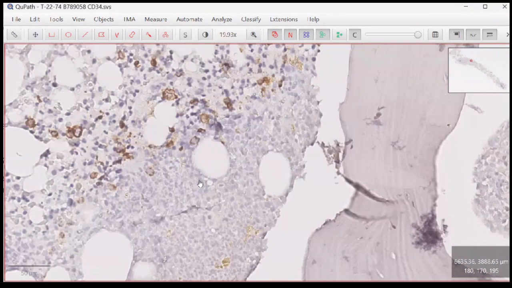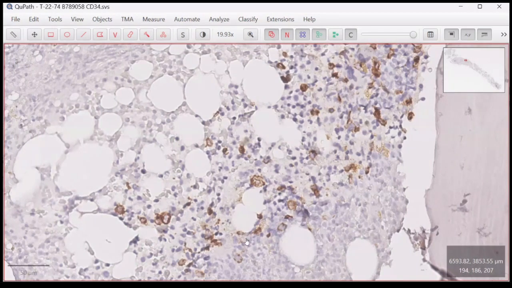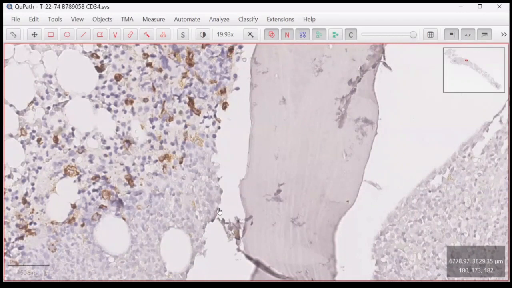If you have few 34 positivity, predominantly individual, and occasionally you encounter two-cell clusters, then you have to weigh, this is the gray area, whether you want to consider it as incomplete remission, or actually the patient is already in remission.